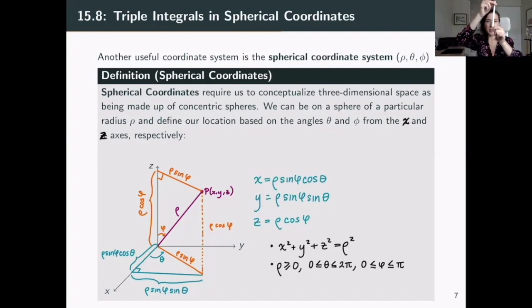So I go from parallel to my z-axis, I take a really big angle close to pi, and then from there I can spin this around by 2 pi, and so in that case I'm getting all of the possible points that give me my angle of phi, and then 2 pi as my option for my theta.